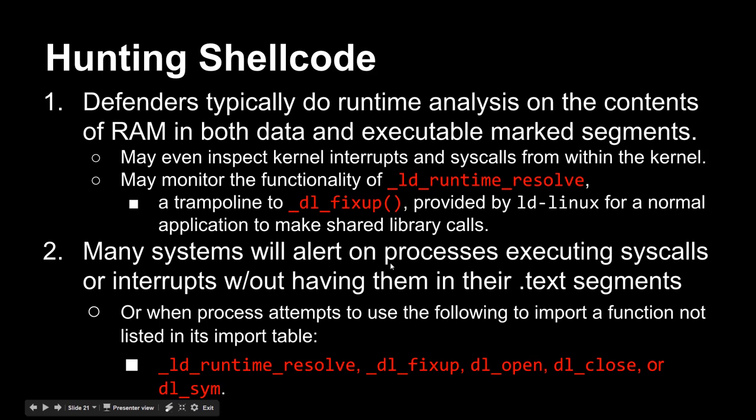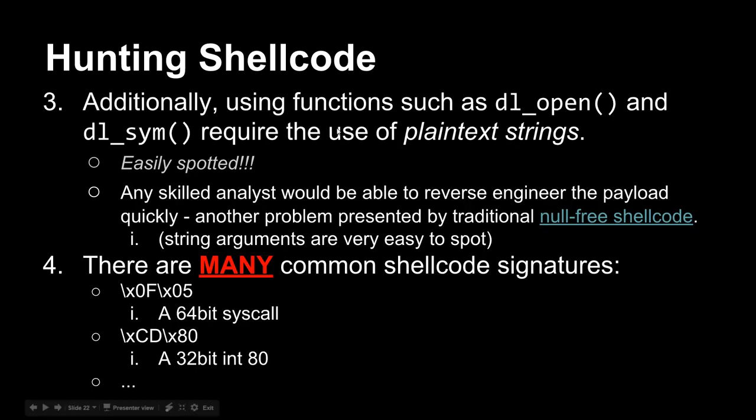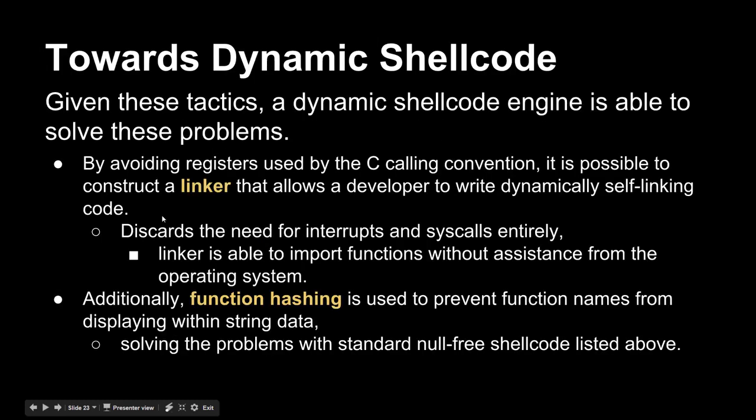Look for any alerts in the logs for processes trying to execute system calls that aren't in the process's .text segment. Three, make sure to look for strings, and once you find the strings, you may have found the shellcode if they seem suspicious enough. And four, look for the common shellcode signatures, especially for the opcodes, and strings like /bin/sh.